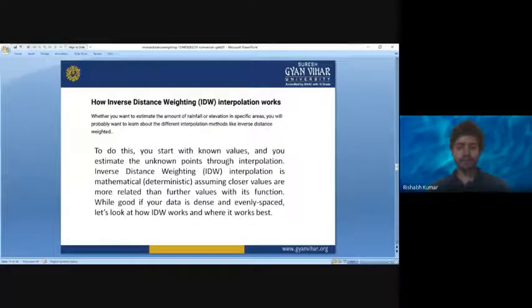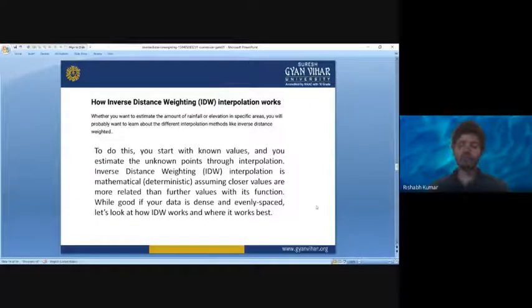Okay, so to find out the IDW, you start with known values and you estimate the unknown points through interpolation. IDW interpolation is mathematical or deterministic, assuming closer values are more related than farther values, with its function, right?